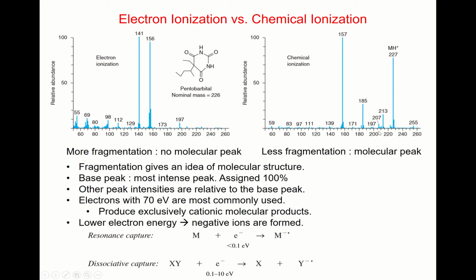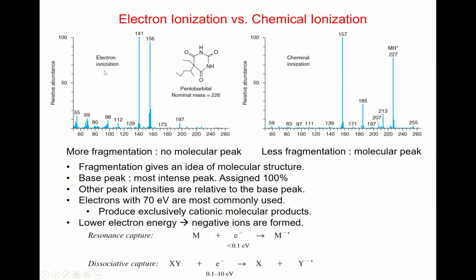The strongest one is found here at nominal mass 57. But these two spectra show that chemical ionization preserves the molecular peak. But why is a proton added here? You will see soon.